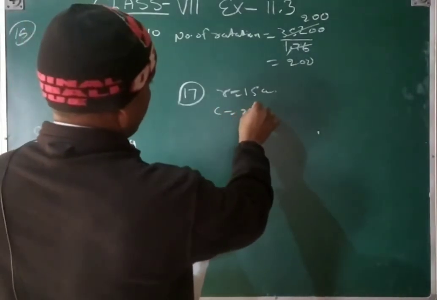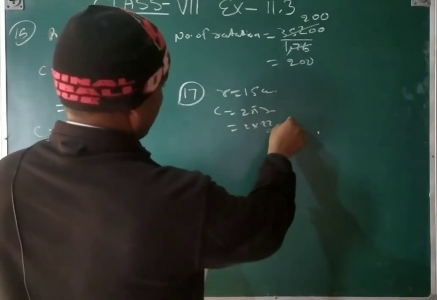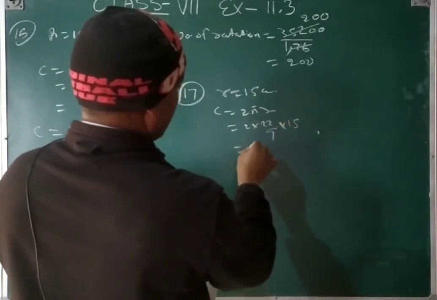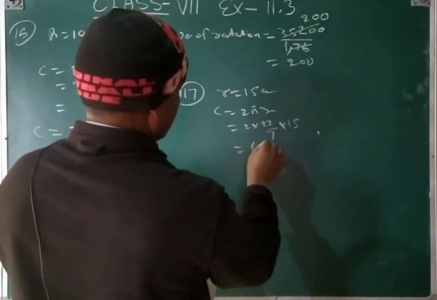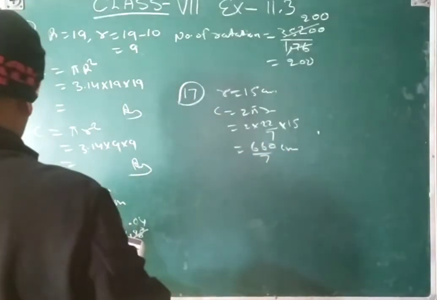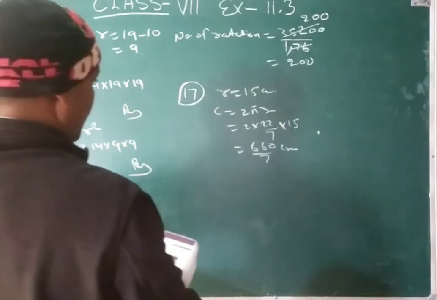Circumference is equal to 2 pi r, so that is 2 into 22 upon 7 into r is 15, so 15 2s are 30, 3 to 6, 6 upon 7 centimeter. And then in 1 hour, how many tips will be there?